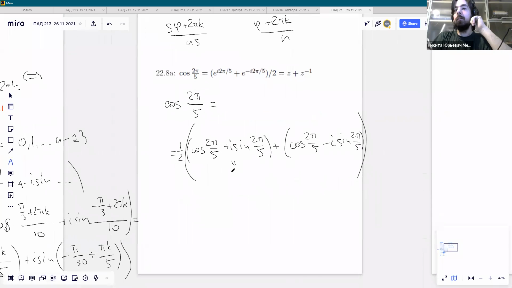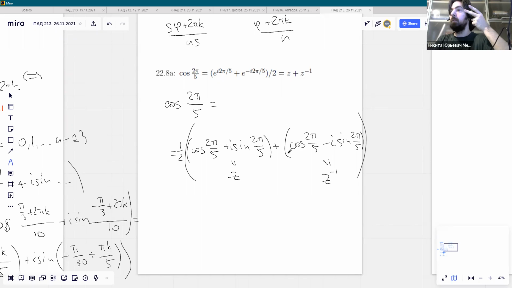So let me denote this number as Z. Then I claim that this number is Z inverse. Please look at this. Indeed, on one hand, if I multiply them, I get difference of squares. I squared turns the minus into plus, so I get cosine squared plus sine squared.